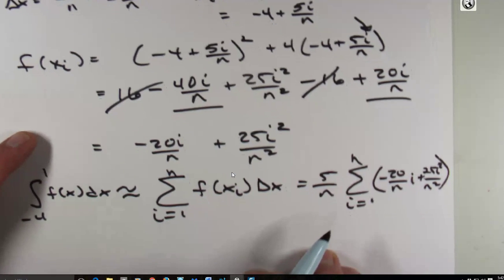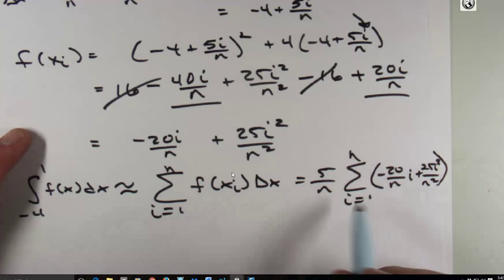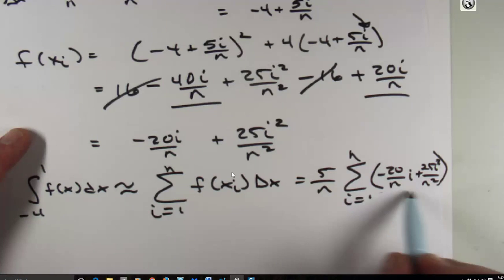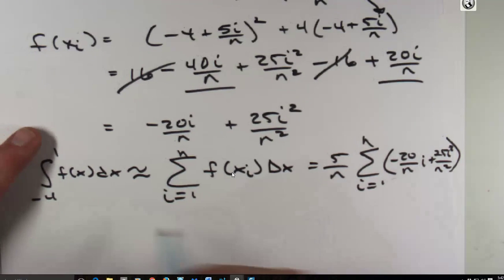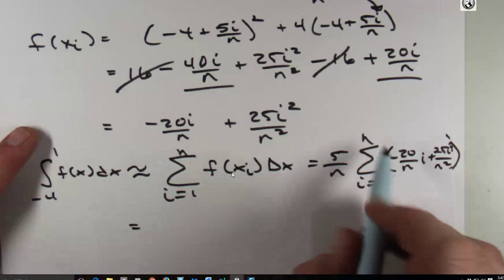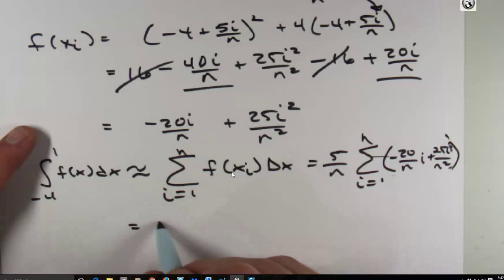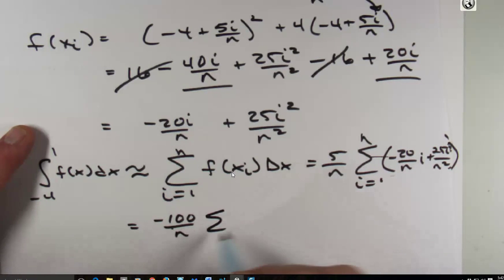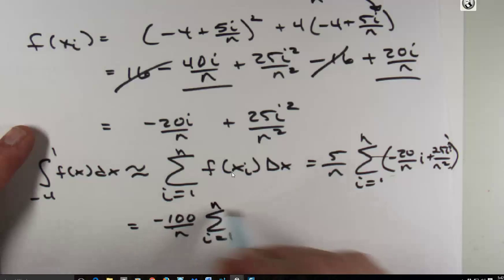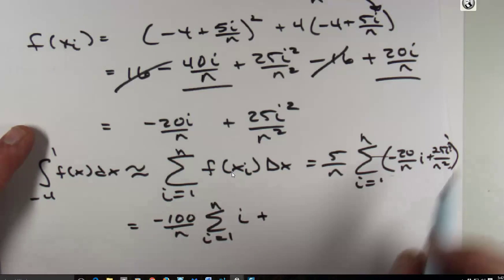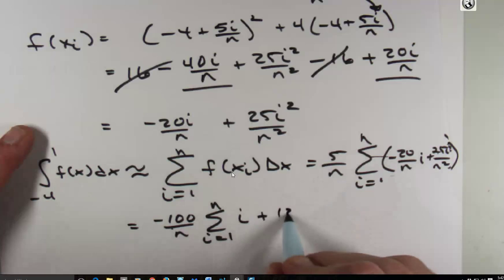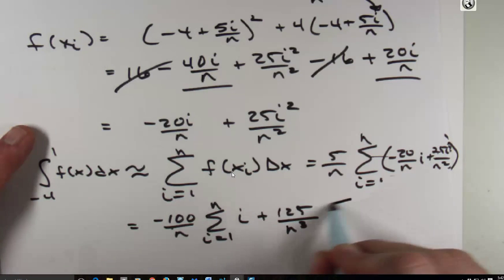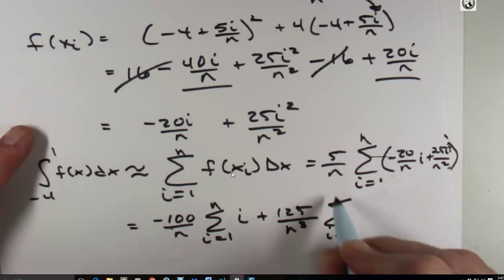Okay. Now, a summation of the sums is the sum of the summations. So 5 times -20 is -100. n times n is n squared. The summation from i equals 1 to n of i. That's ready to go. Plus 25 times 5 is 125. n times n squared is n cubed. Don't forget the fraction bar like I just did. i equals 1 to n of i.